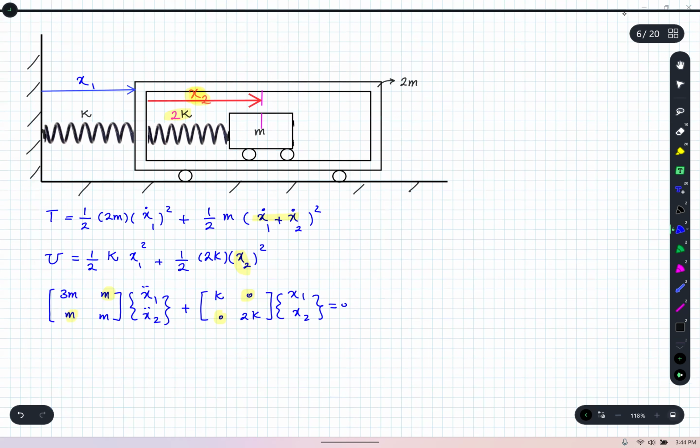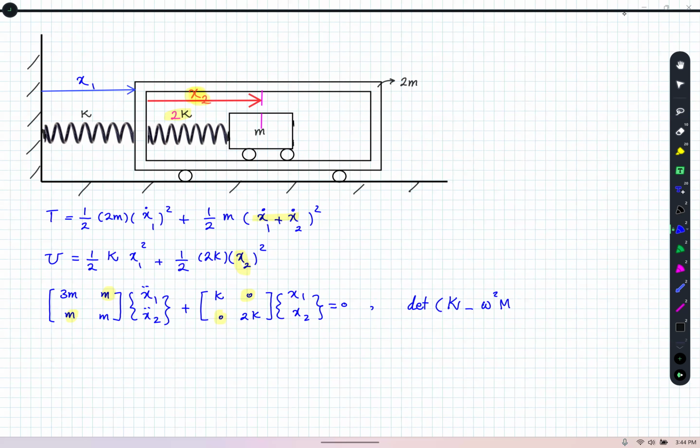Let's just pretend that we don't know about the previous one and we just wish to find the natural frequency. We know how to do that one. We'll use the determinant of matrix K minus omega squared M equal to 0. We'll do the math, and here is our result.